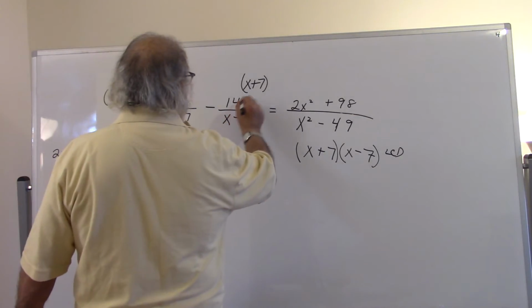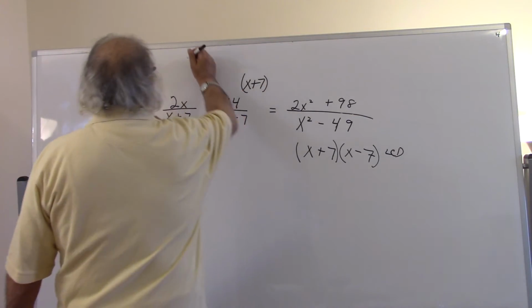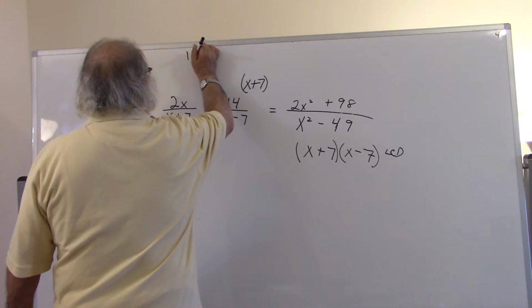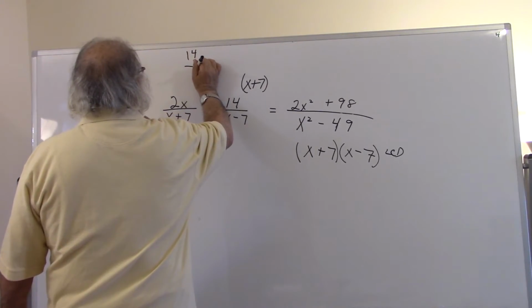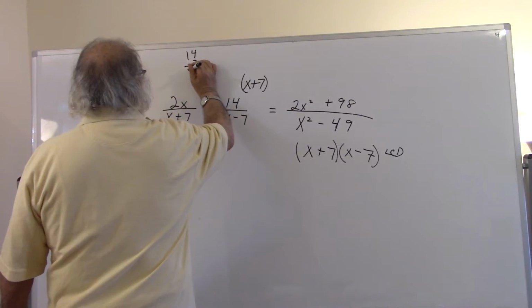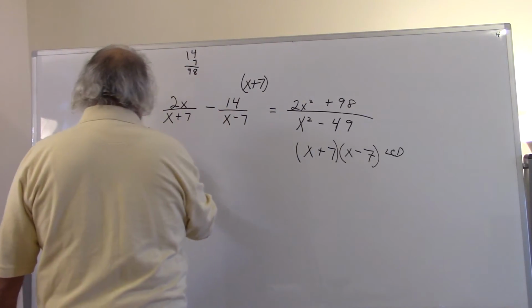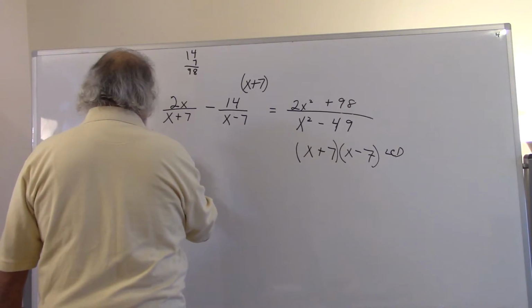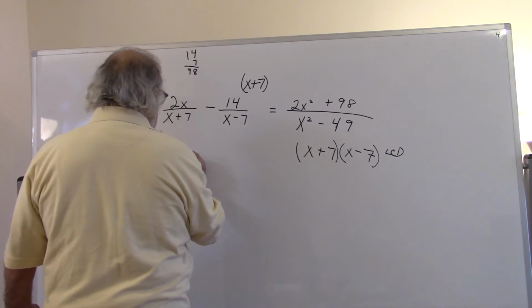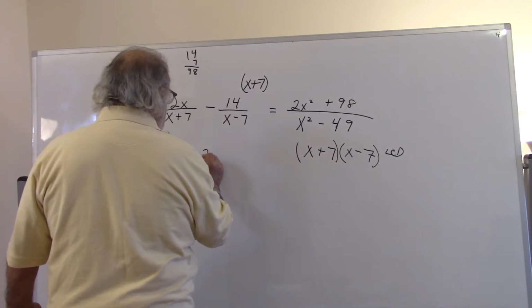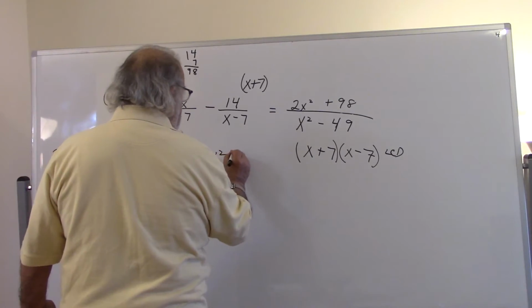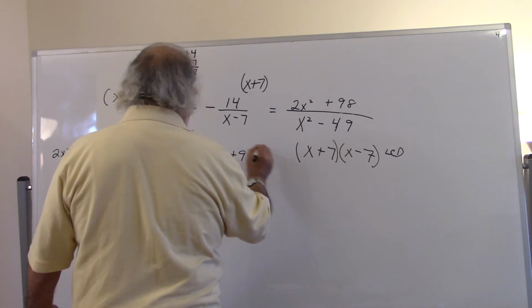Now 14 times 7, that's 98. But make that a negative 98. Equals 2x squared plus 98.